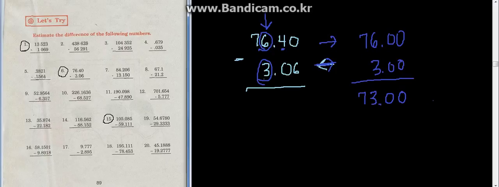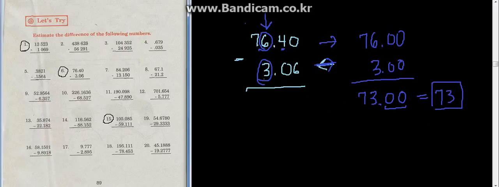And yes, just 73, which is the same. These 2 zeros after a decimal point don't hold any meaning, so you don't have to write them if you don't want to. It makes it look nicer just writing 73. Okay, so we have 73. That's the estimated difference.